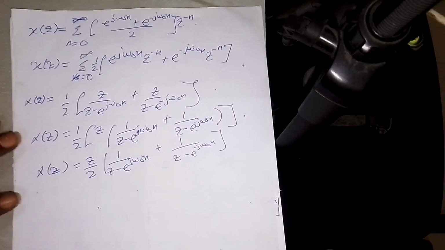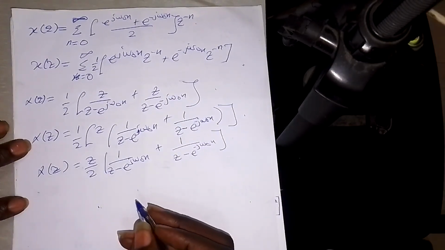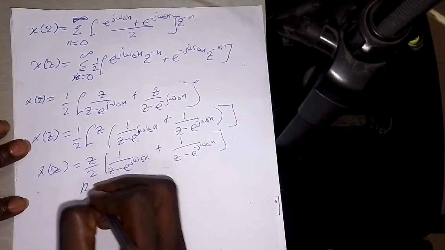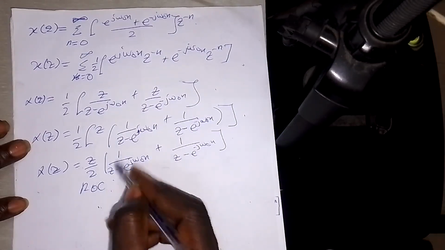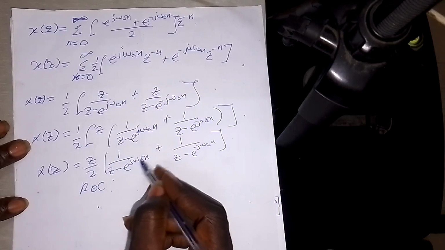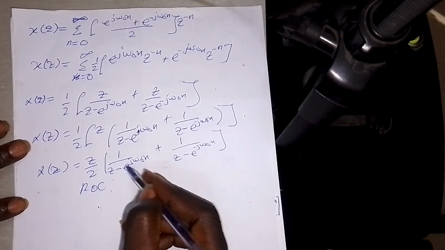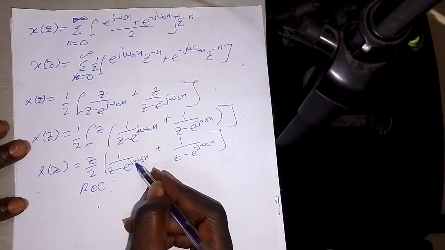Now, before we simplify our Z transform further, we can find our ROC. What is going to be our ROC? Here, the magnitude is 1, and you can follow the earlier one we did.